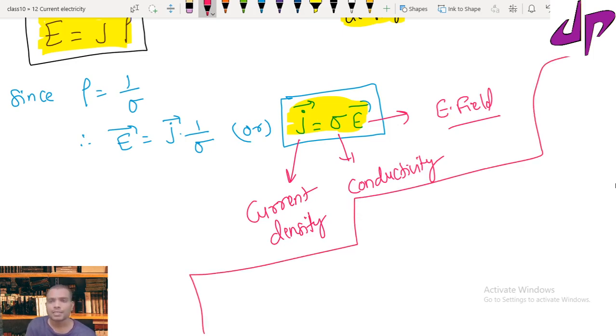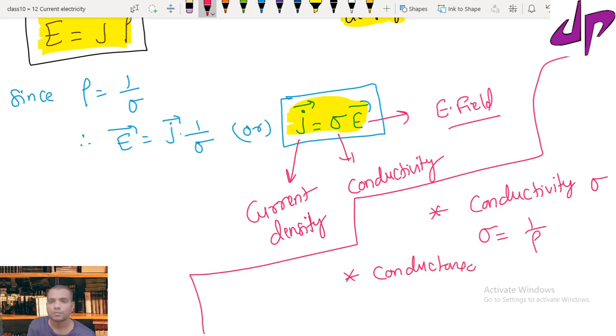In today's class I introduced new concepts. One is conductivity. Conductivity sigma is the reciprocal of resistivity. Then I introduced conductance: conductance G is the reciprocal of resistance.